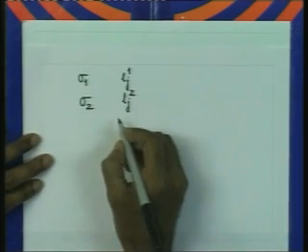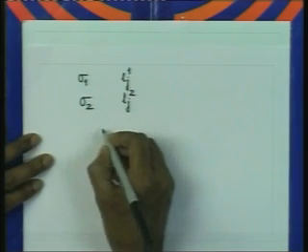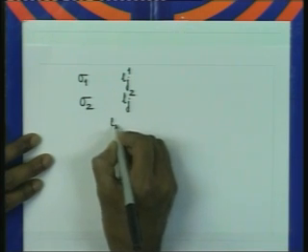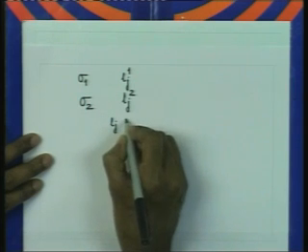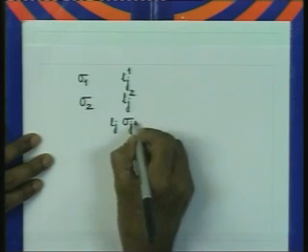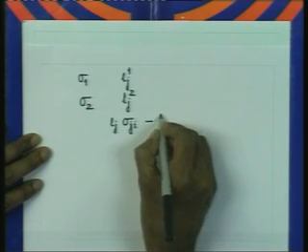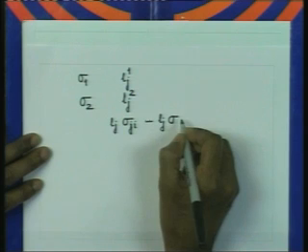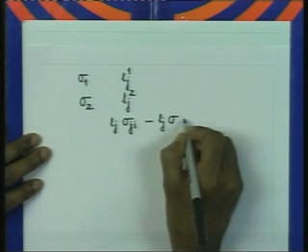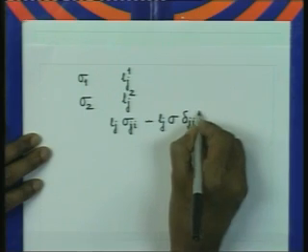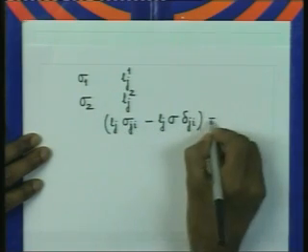Now, the equations that we had obtained involving the principal stresses were of the form we had written earlier: Lj sigma ji minus Lj sigma delta ji equal to 0.